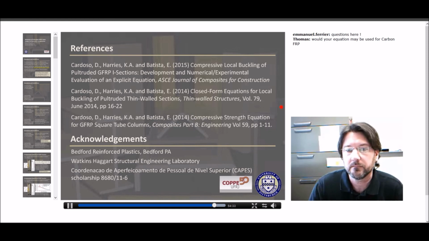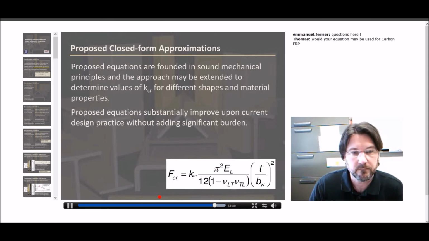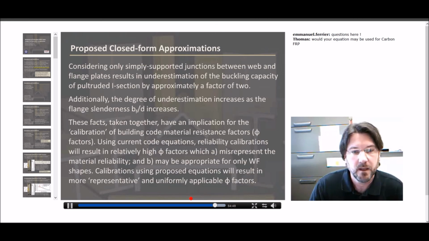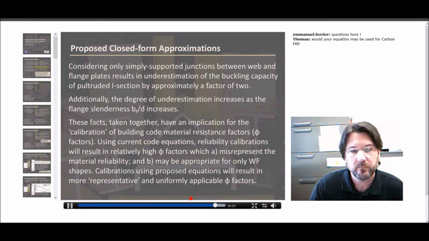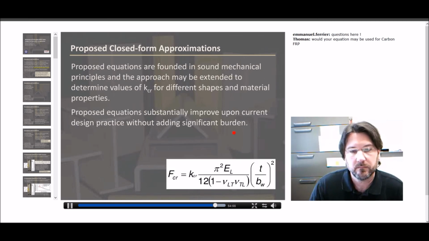Would the equations you propose be used for carbon FRP? Just wondering if we move just for the mechanical properties, can they be useful? Is there any difference between carbon and glass?